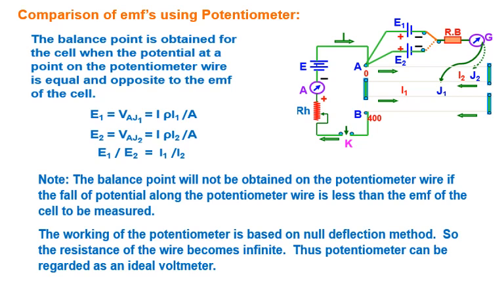Let the position of jockey be J1 and the length AJ1 equals L1.